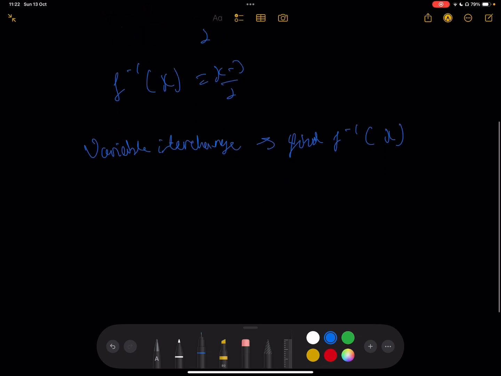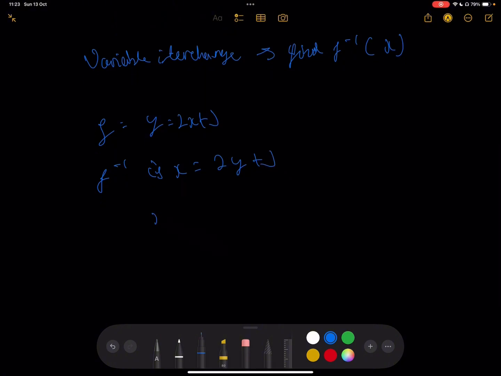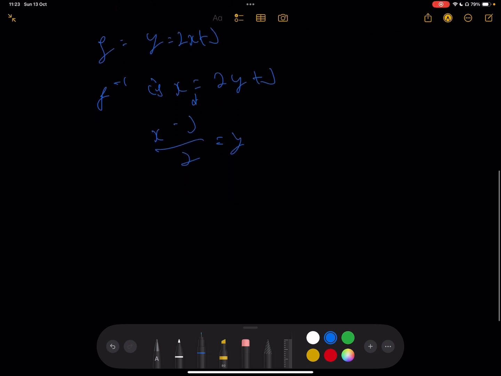We know that f is y equals 2x plus 3. And therefore the inverse of f is x equals 2y plus 3, just swapping x and y. Therefore x minus 3 over 2 is equal to y for the inverse function. And hence the inverse of f of x is equal to x minus 3 over 2.